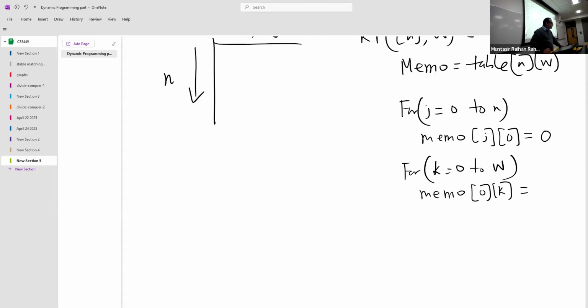You have k weight left and you haven't picked anything. That's a possible subproblem, because the subproblem is you can pick any n items. For whatever value you have remaining, if you don't pick anything, then how much value do you add to your solution? None, 0, exactly. Okay, so that's your base case. And now we fill up the table.